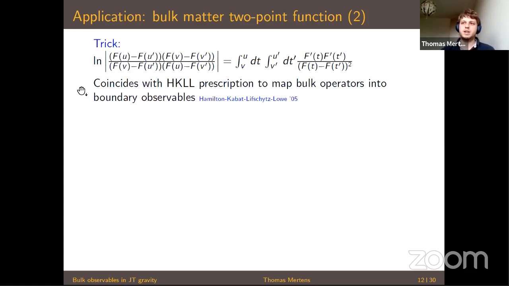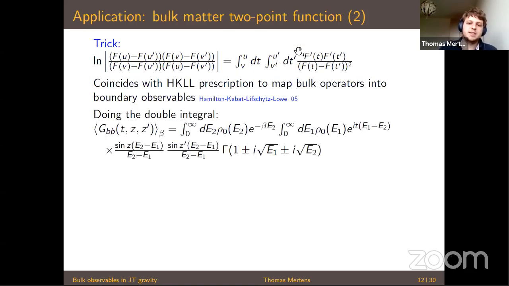So the HKLL construction writes a bulk operator as an integral over some kernel times boundary operator. Now for this specific case, for a massless scalar field in 2 dimensions, that kernel is just a Heaviside that restricts the range of that T and T prime integral that's here. So this is the bulk two-point function on the left-hand side, double integral with the HKLL kernels, and then the boundary two-point function on the right-hand side. So this matches with that.